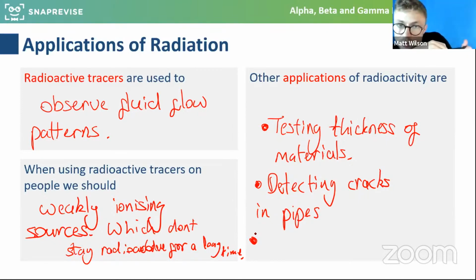Yeah, this is A2. Is this AS or A2? That's a good question. Let me just check the spec points. For AQA, it looks like it depends. At AS level, you need to know about alpha, beta, gamma decay.